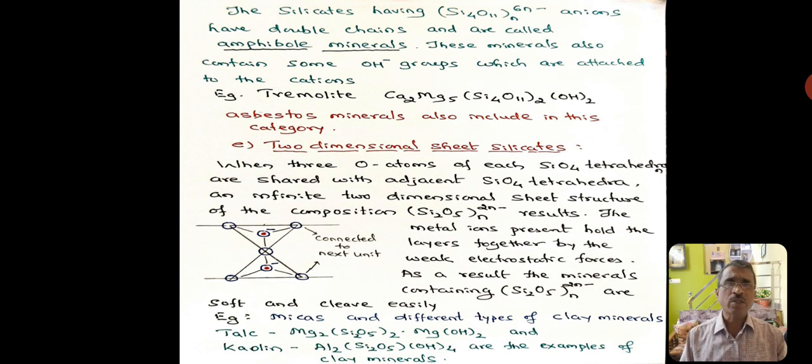The talc is nothing but the magnesium sheet silicate. The formula is Mg2Si2O5 twice, (MgOH) twice. It contains magnesium hydroxide. Together it will be the talc.